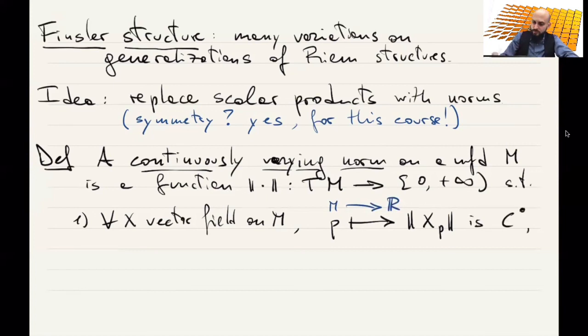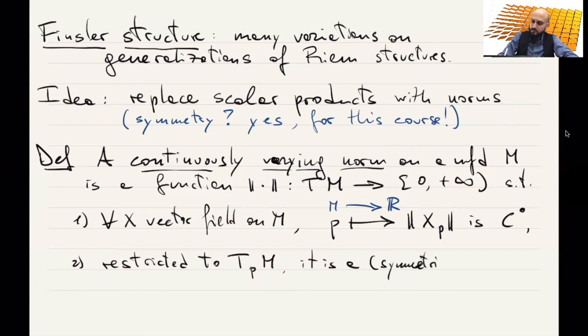And the second condition is that when you restrict to a given tangent space, this is a symmetric norm.